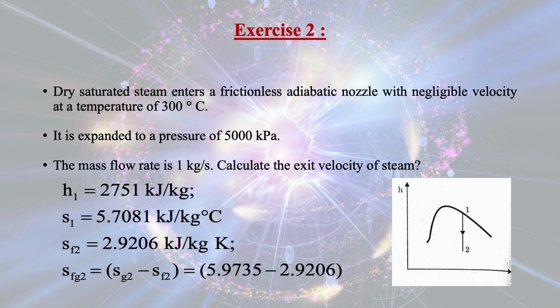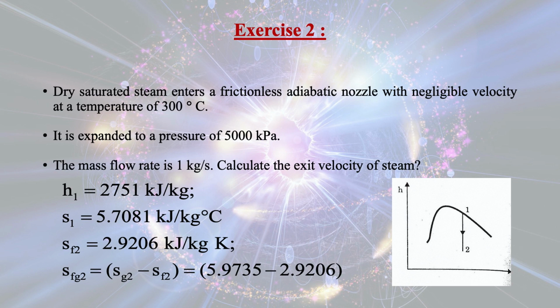From the steam table we can get the value of H1, that is equal to 2751 kilojoule per kg, and S1, that is entropy at state 1, for 300 degrees centigrade we will get from the steam table S1 equal to 5.7081 kilojoule per kg K, and SF is equal to 2.9206 kilojoule per kg K.